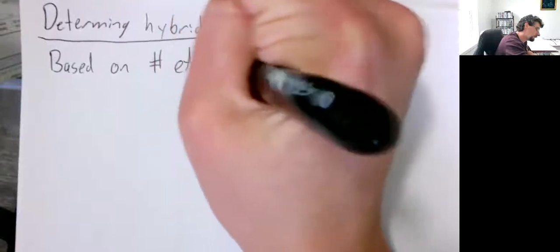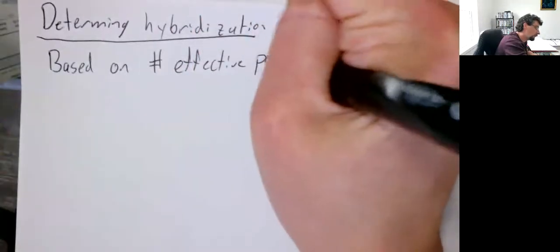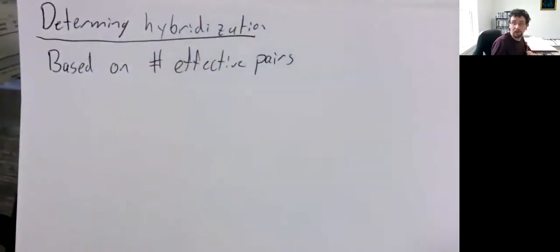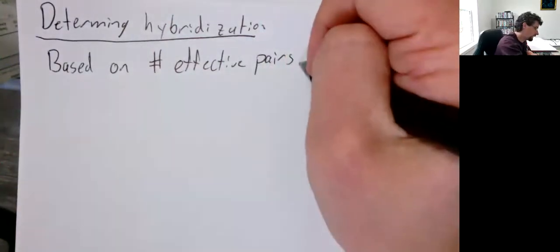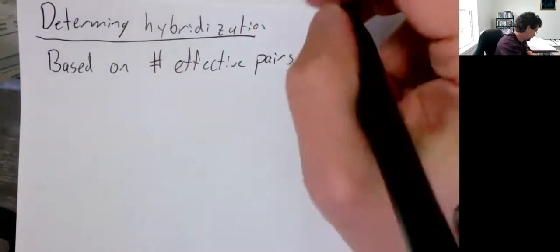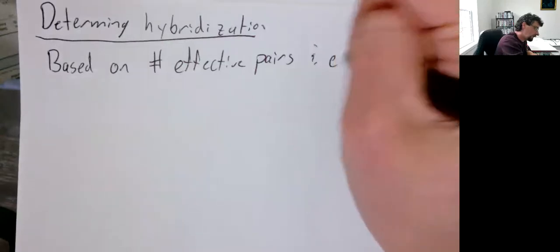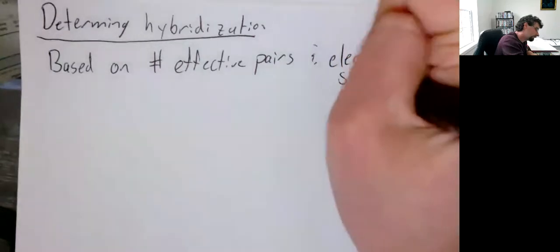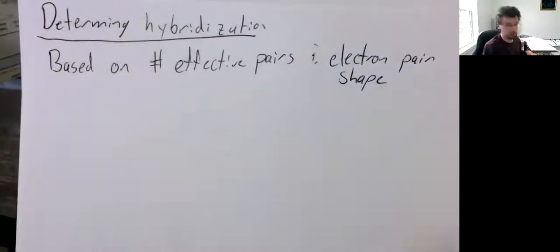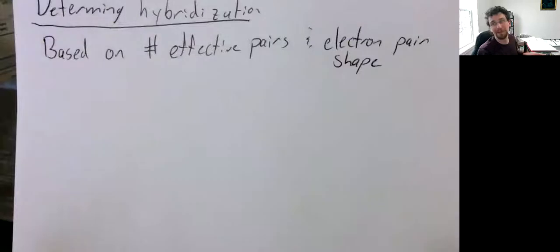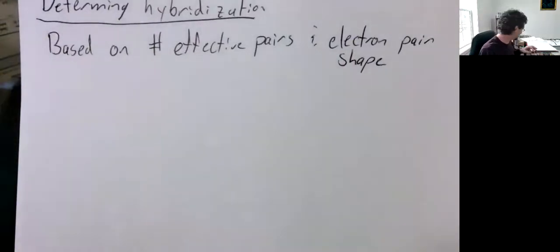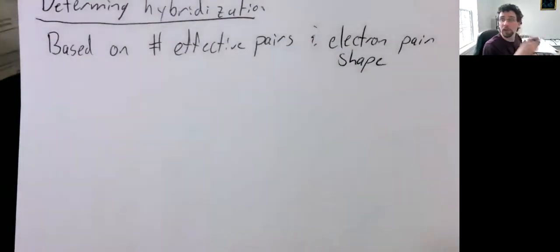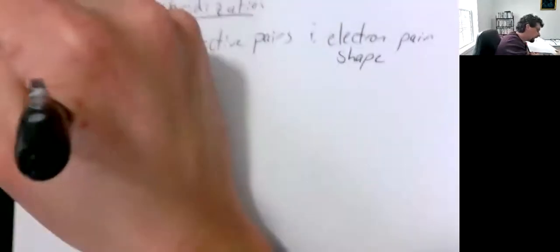If you're not sure what those are, I have another video outlining how to determine effective pairs, so check that out. And electron pair shape, or electron pair geometry, or electron domain geometry. It goes by a handful of different names. Of course, everything has to be confusing, right? Okay, so what we're going to do, we're going to make a table. We're going to keep track of the number of effective pairs.